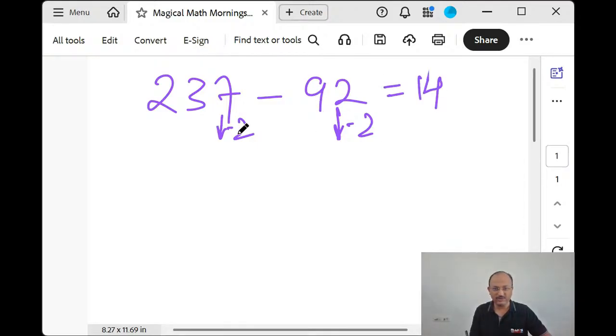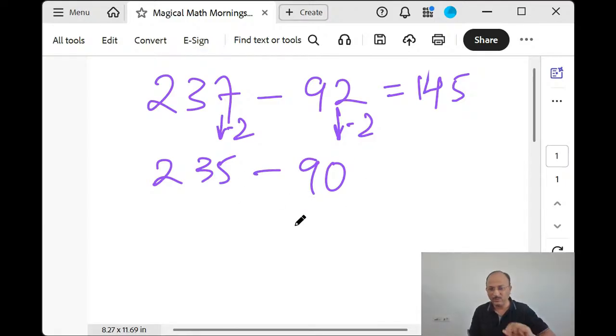What we are left with in the unit digit? 5. 145. Correct? Because we get it as 235 minus 90. Correct? 23 minus 9 is 14. 145 is the answer. Okay? Correct? Shall we try one more?